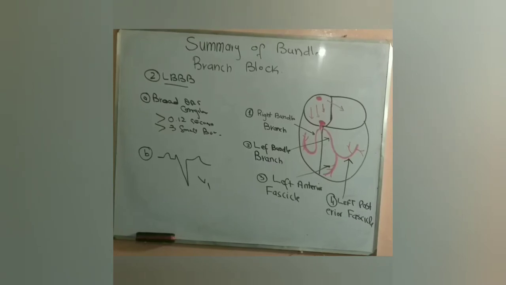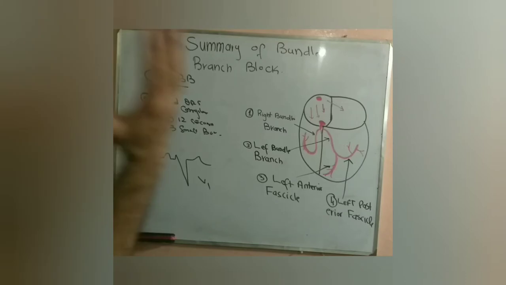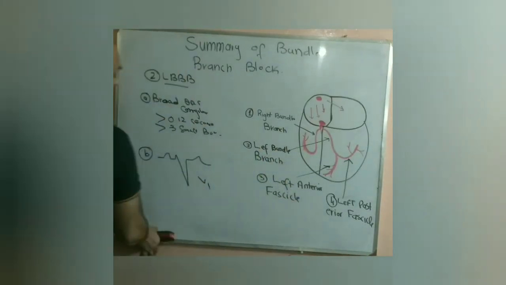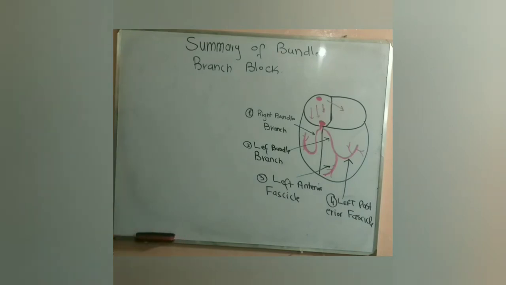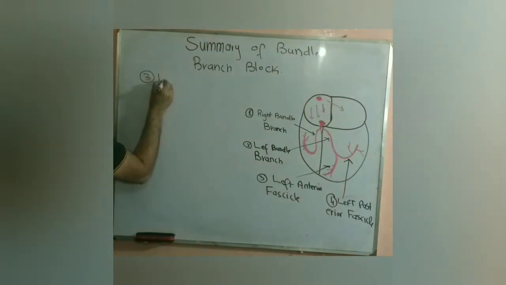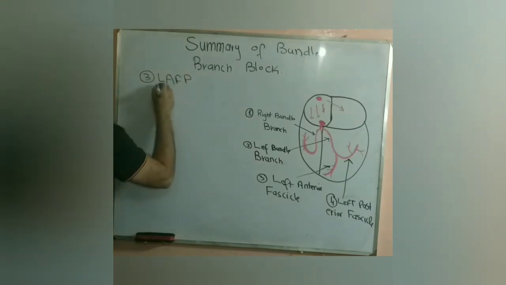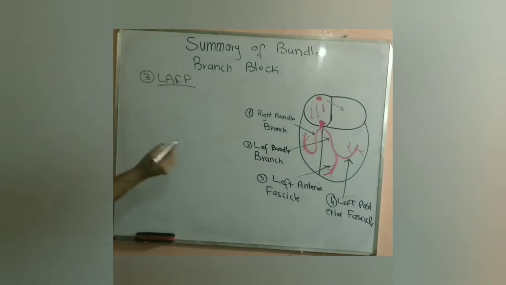Now let's see the ECG definition of the left anterior fascicular block. On number 3 is the left anterior fascicular block, and in the past it used to be known as left anterior hemiblock.